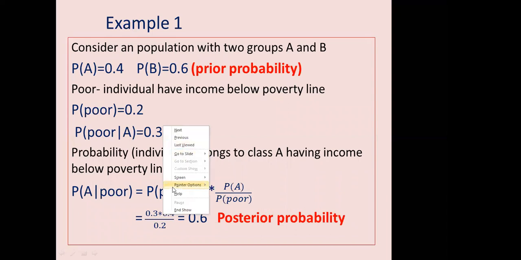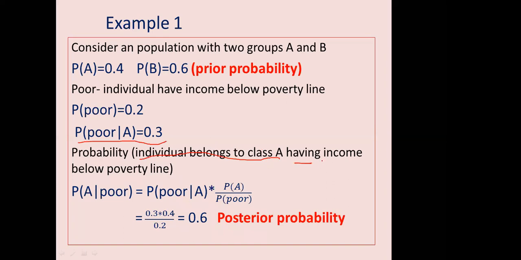Now, if we extract an individual from one of the two classes with income below the poverty line, then we want to find the probability that the individual belongs to class A. That is, we want to find the probability that the individual belongs to class A, but we have the additional information that he has income below the poverty line.